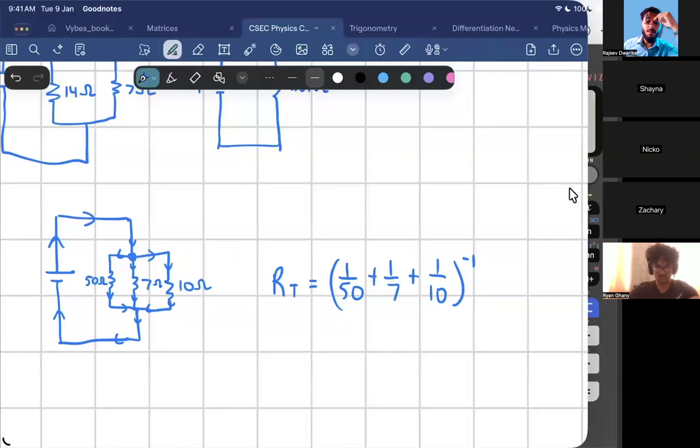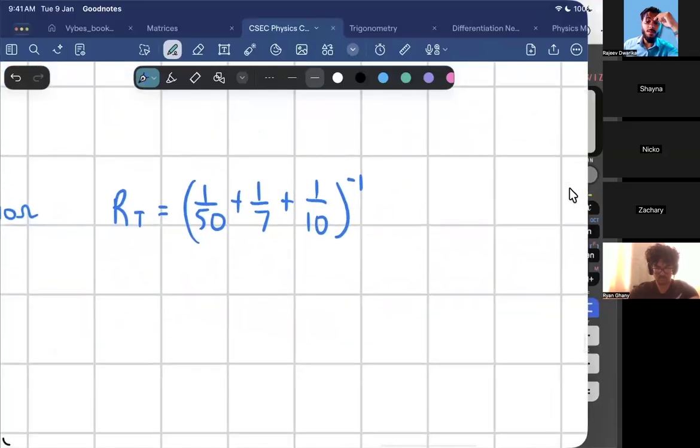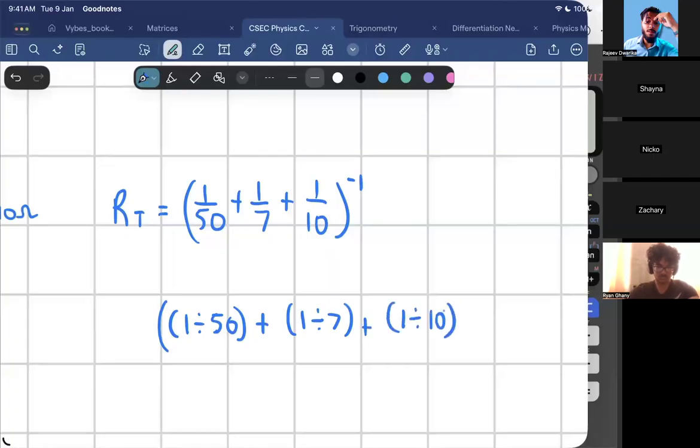No, it will work, don't worry. You just have to add the brackets. Nikolai, you gotta plug this into your calculator. Open bracket, 1 divided by 50, close bracket, plus open bracket, 1 divided by 7, close bracket, plus open bracket, 1 divided by 10, close bracket, and press the -1 button. It still gives a syntax error.